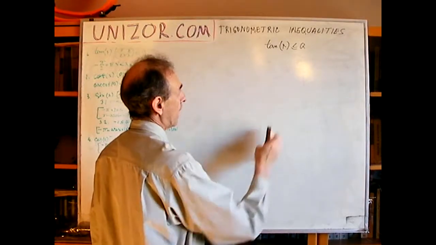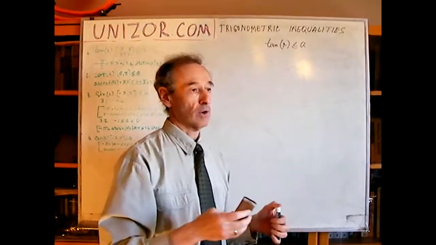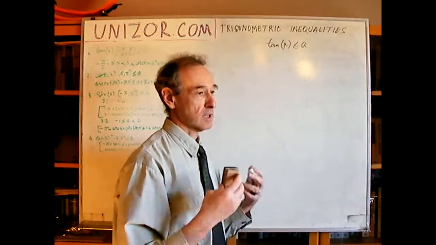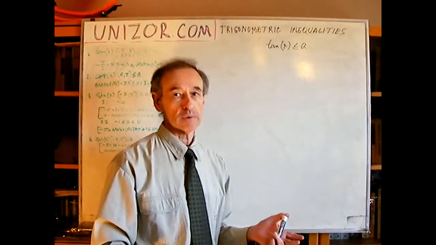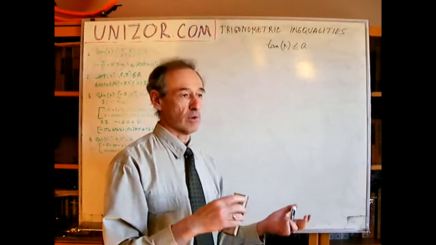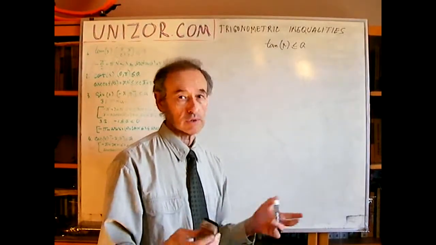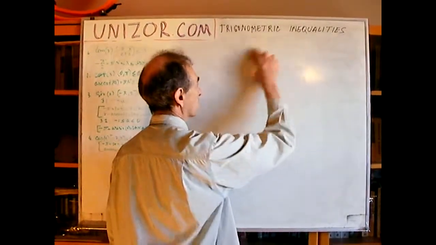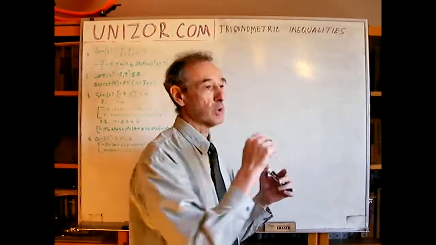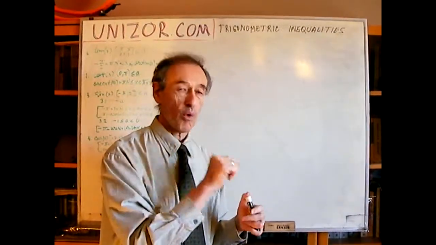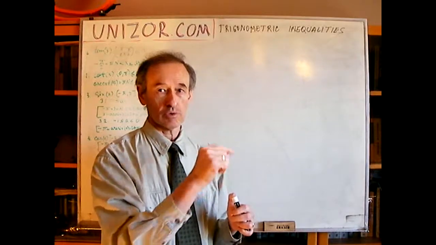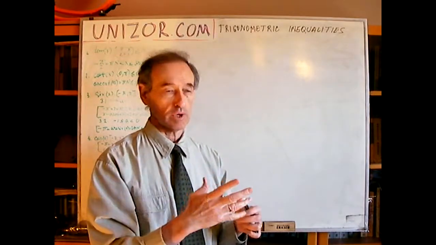Number two, I will usually use less or equal, but it's trivially expandable to less or greater or equal or any other variant. The difference is whether I will or will not include the points exactly where the tangent or sine or cosine equals a.